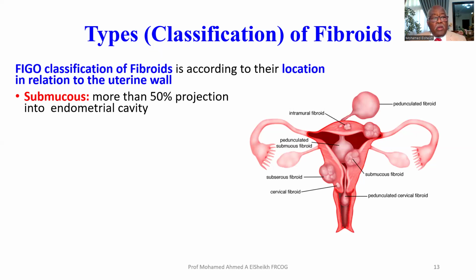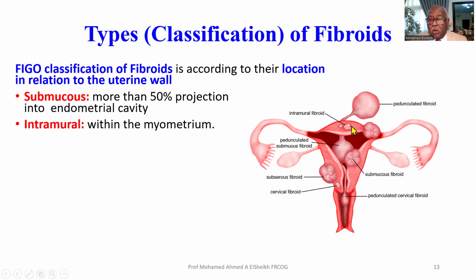depends on the location in relation to the uterine wall. So it could be submucous, and you can see it here, submucous fibroid here, where more than 50% projects into the endometrial cavity. Then the second group is the intramural.